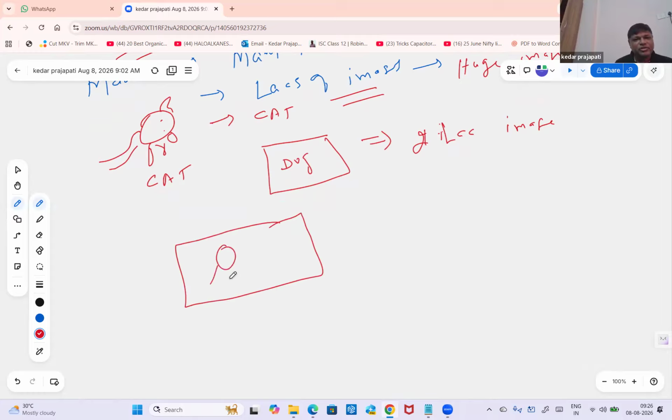So again, I'm giving the image of a dog. And this time see here, the images had a name. Label means the image will have a name. So the machine is understanding, remembering that a cat looks like this, a dog looks like this, right?